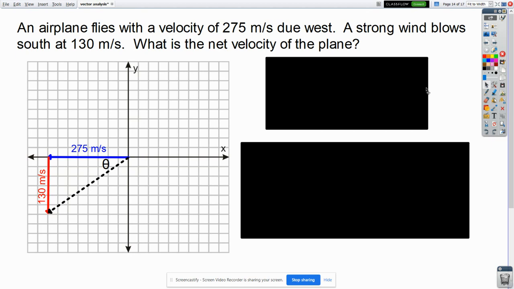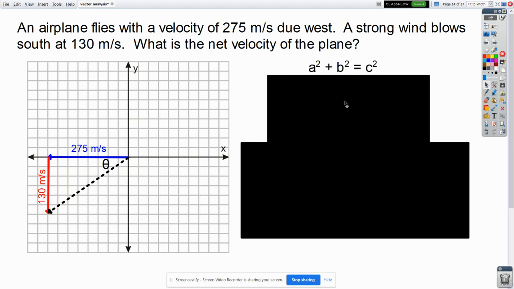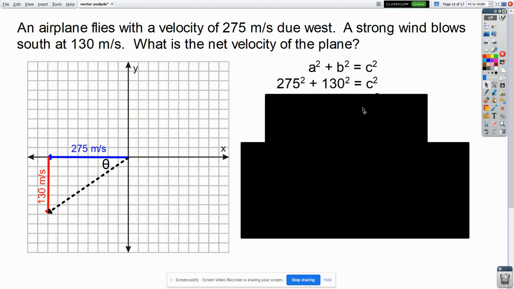Now to figure out the magnitude, it's Pythagorean theorem. A squared plus b squared equals c squared. Doesn't matter which one you call A, doesn't matter which one you call B because you're adding them together. So I can put 275 squared plus 130 squared equals c squared, or I can put 130 squared plus 275 squared equals c squared, doesn't matter. I did the 275 first.